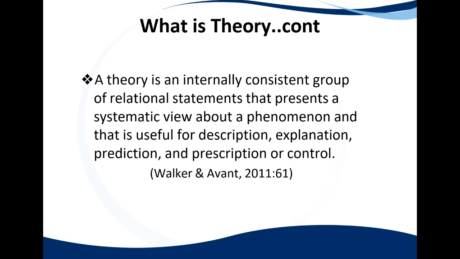So very much in line with the previous definition, it's abstract, it is a systematic view of a phenomena, and then it would also look at the relational statements in this theory. So you would then, for your study, look at the theories that can potentially help you in your study to explain or predict, or we'll talk about the other functions in a minute.